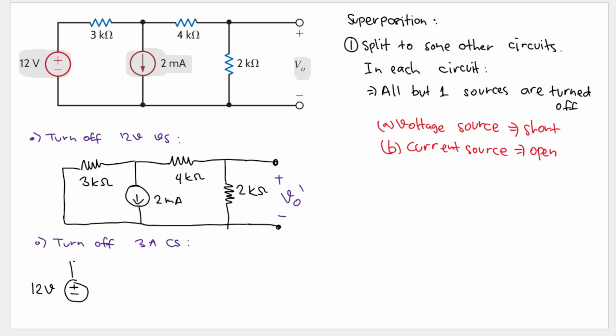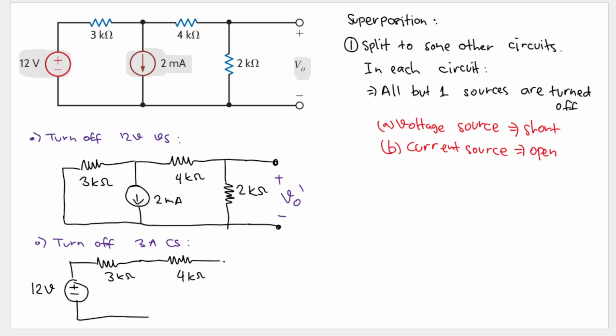And then we have that 3 kilo ohm resistor. And then what else do we got? We replace this 2 milliampere current source with an open circuit, so we don't have anything here. And then here we will have that 4 kilo ohm.